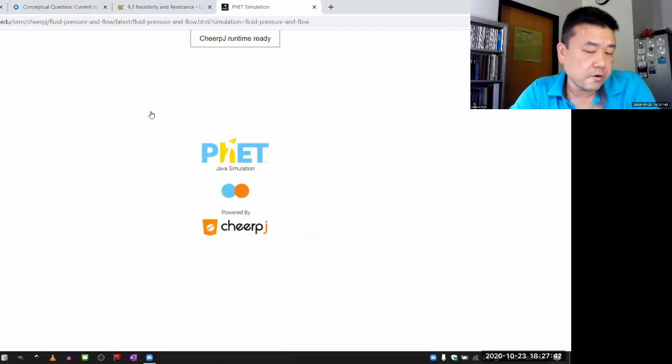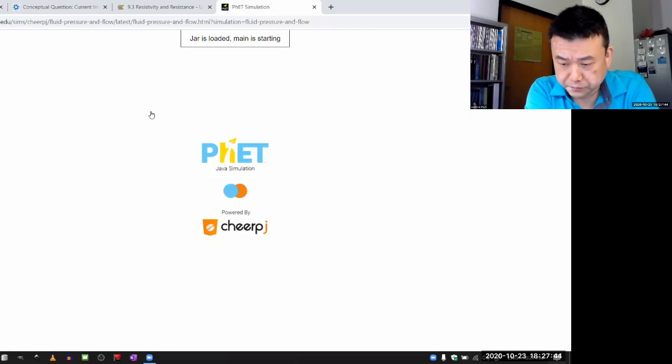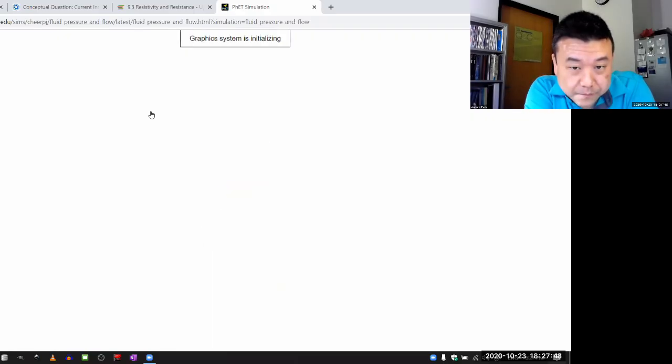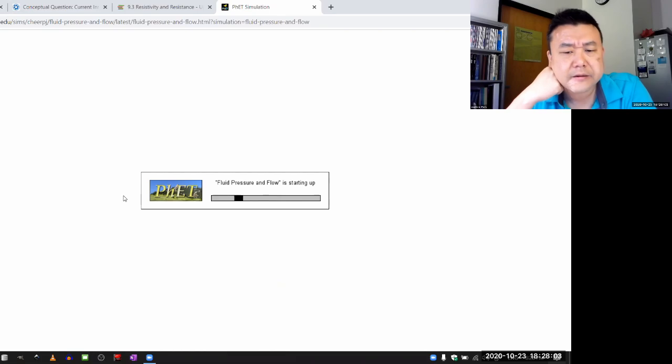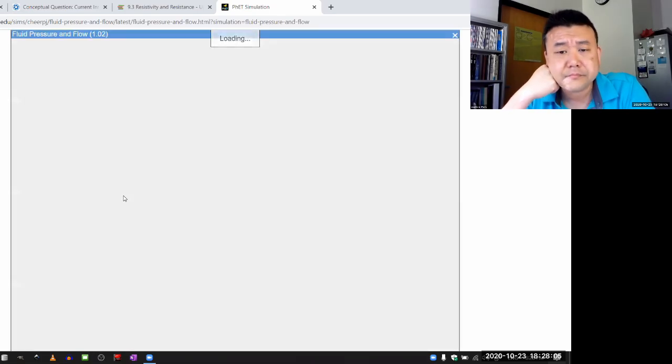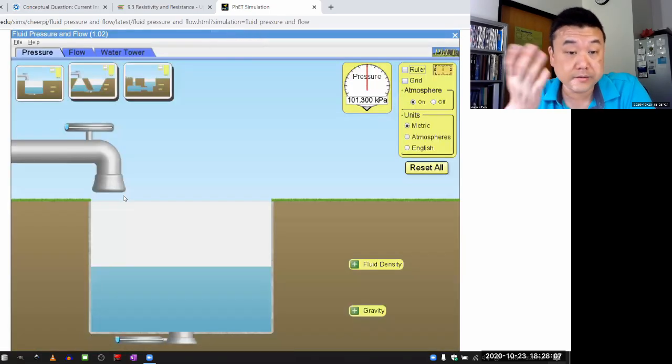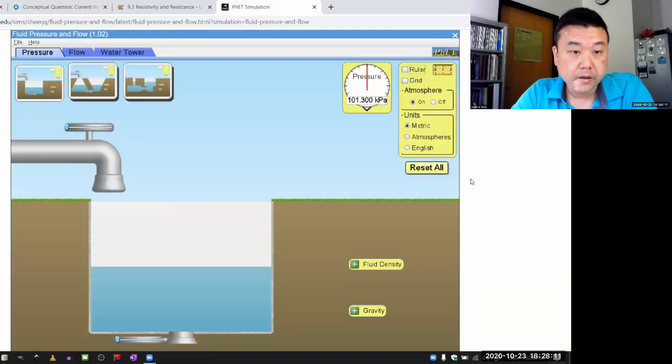Let me go through that in the next 4 or 5 minutes. By the way, this is an interesting innovation. Java simulations used to require a download, but these days you can just run it right in your browser. It might not run on every device, but it's a really interesting innovation.